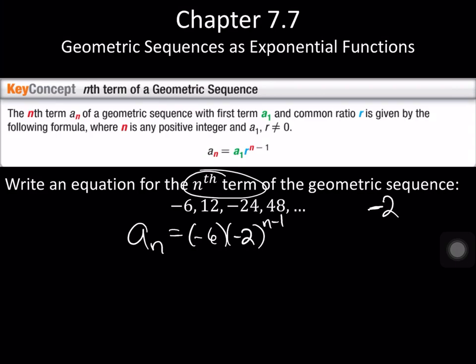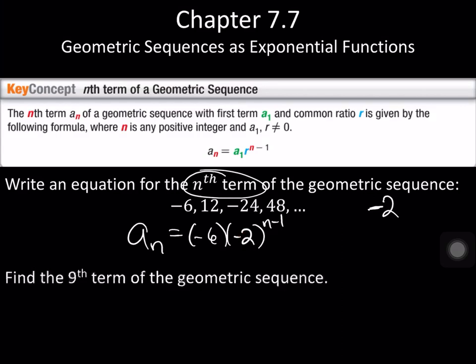Okay, that's my formula. That is my geometric sequence nth term equation. Okay, first term, ratio, the a sub n and the n minus 1, those pieces just go where they go once I find out what the first term and the ratio is, that number that I'm going to multiply it by.